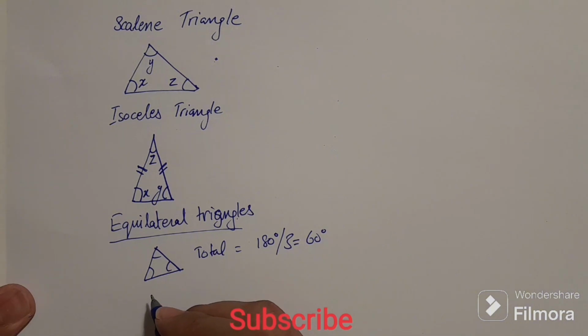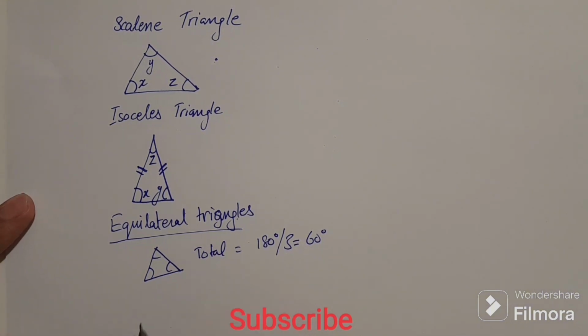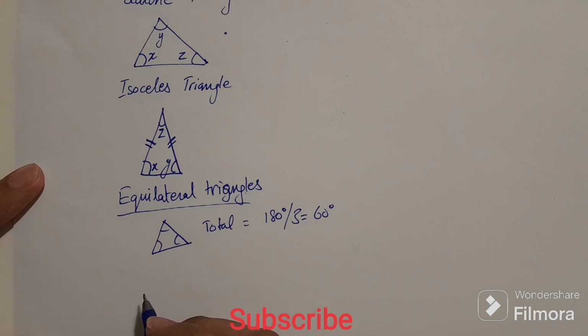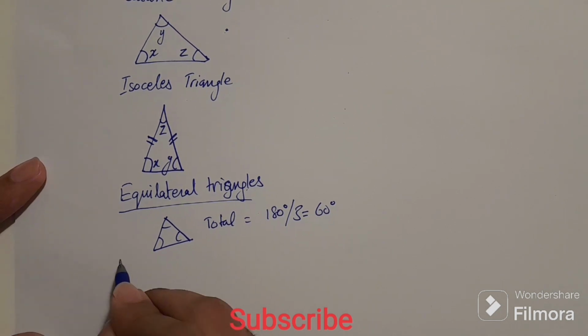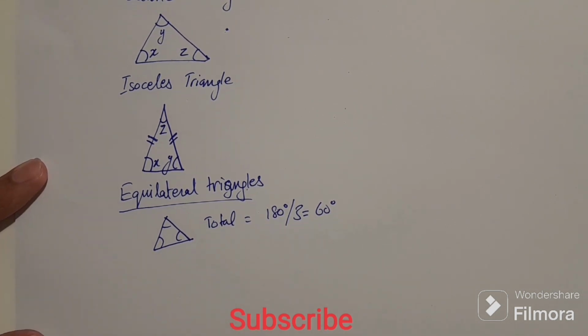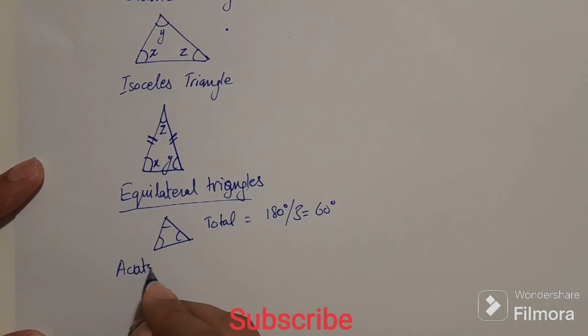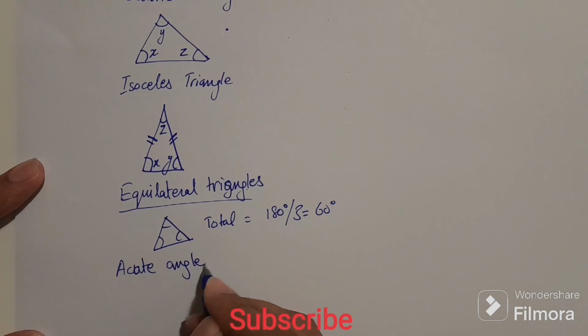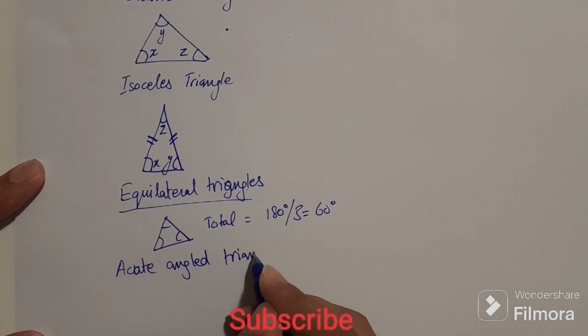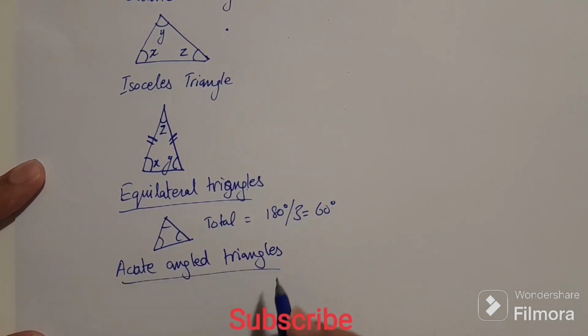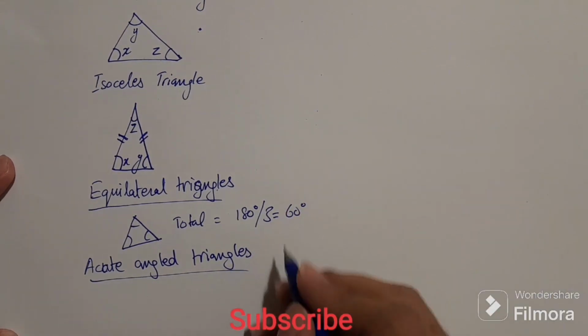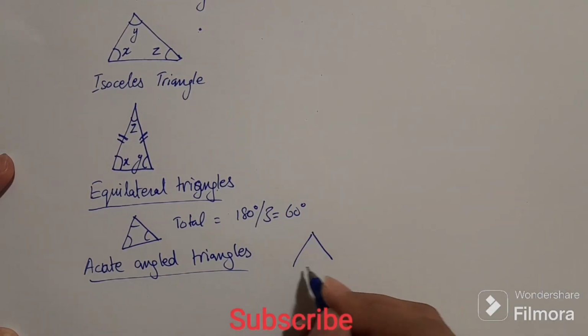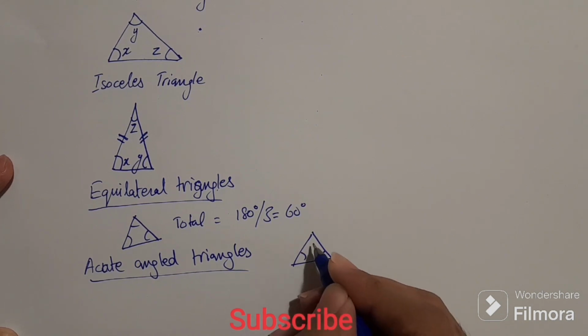And the last type of triangle is other triangles, meaning there are different types of other triangles. First is the acute angle triangle. What is an acute angle triangle? Acute angle triangles mean when all three angles of a triangle are less than 90 degrees.